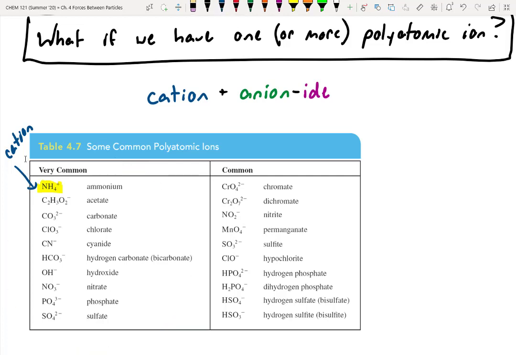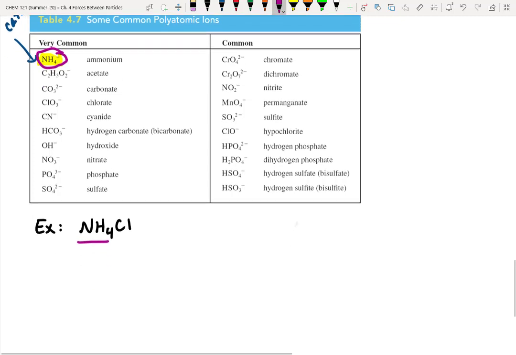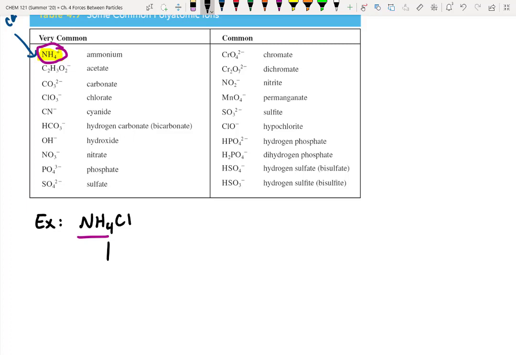All right, so let's go ahead and do some naming. So in this example, I'm going to do NH4Cl. Okay, we're going to break this apart. As you can see, we've got this NH4 in here, which means we must have an ammonium. So let's break this down into its two pieces.